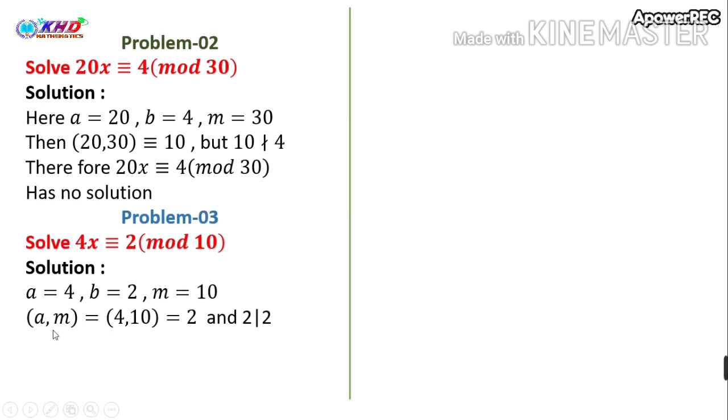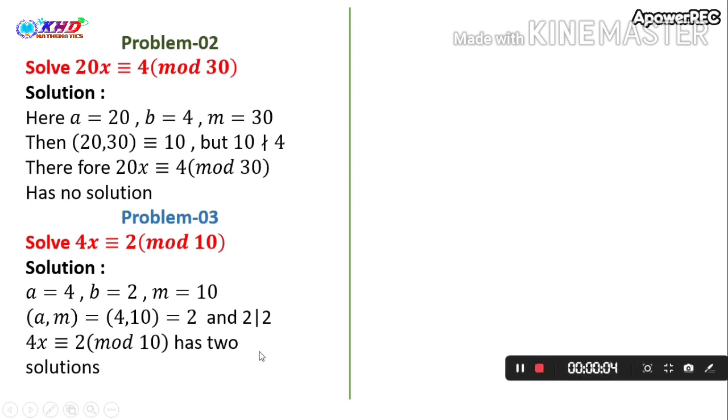GCD of 4 and 10 is 2, and 2 divides our b value 2, hence 4x congruent to 2 mod 10 has two solutions because our GCD value is 2.